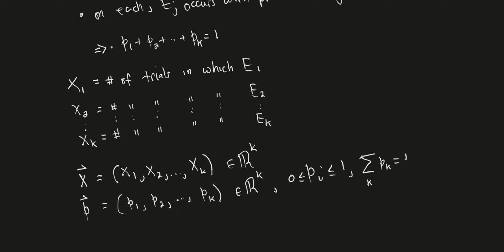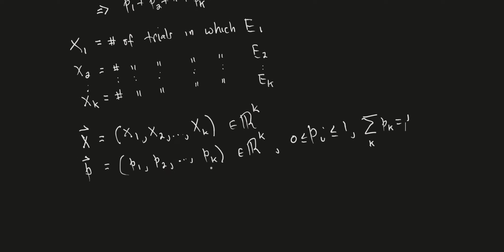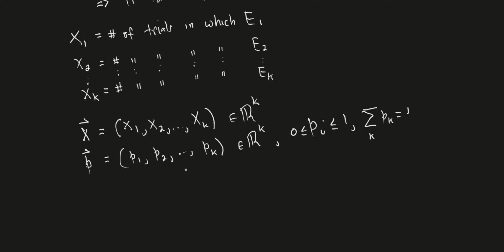So basically just restating this. So it's kind of interesting now that you can think of this as a random vector. I mean, how cool is that, right? Okay, so that's one notation that we can use.